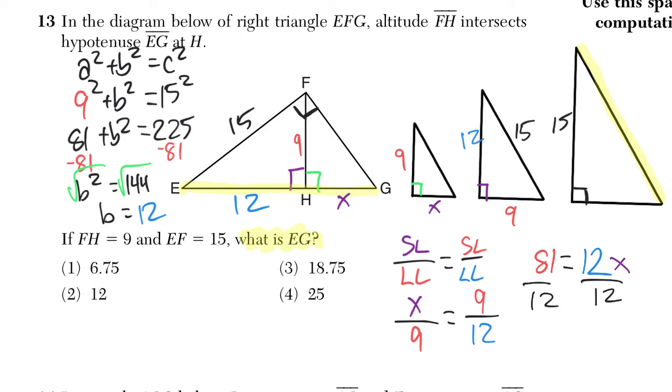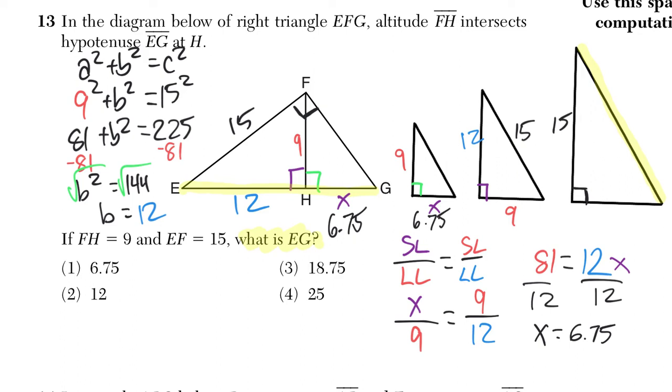What does that give us? I'm going to take out my handy dandy calculator. Okay. 81 divided by 12 gives us 6 3/4. X equals 6.75. So I'm going to reflect that in our diagram. So this is 6.75. We know that this is 6.75.